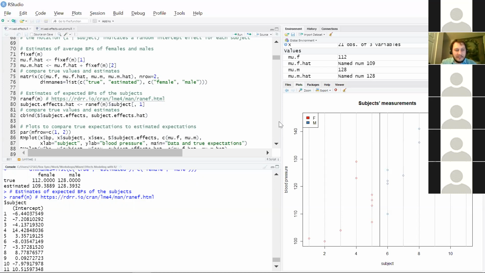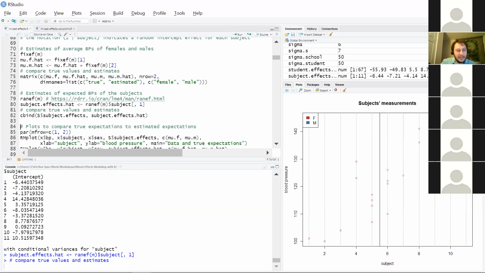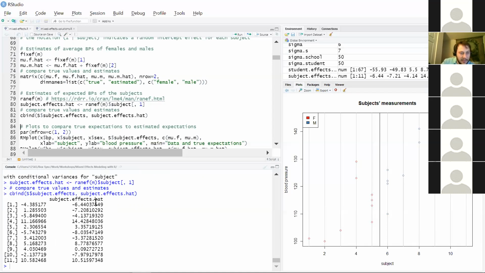And here are the true values. I'm saving this as subject.effects.hat. So what we just saw from ranef, I'm saving that object. And now I'm going to show you the comparison between the estimates right here, subject.effects.hat, and the true values that came out of that simulation function.